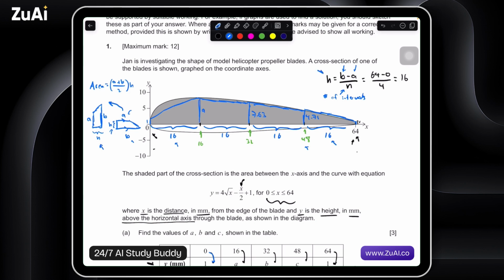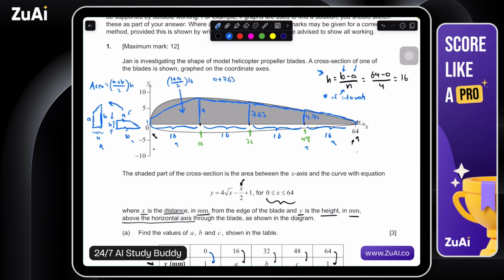So h is actually the same throughout. It's the base once we flip it, but if we imagine our trapezoid on its side, it's the original height. And so we can use the trapezoid to find, let's say, the area of this, which is just going to be 1 plus 9 over 2 times 16. And this would be 9 plus 7.63 over 2 times 16.